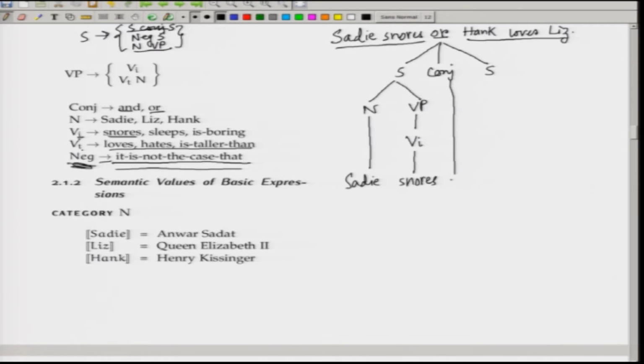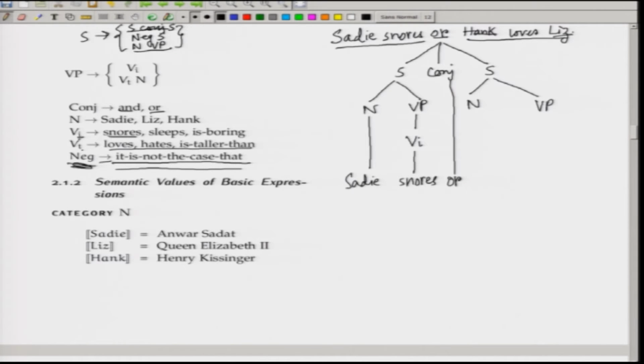We choose "or", which is perfectly fine, and then S goes to, here the S is different, right? It is not just a simple N and VP, and then VP goes to VI, but it is complicated because it has got 2 arguments, Hank and Liz. So, we once again analyze it into N VP.